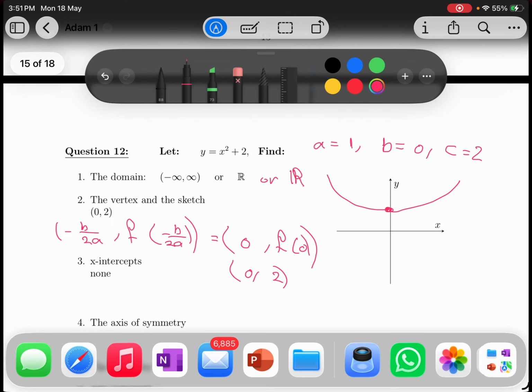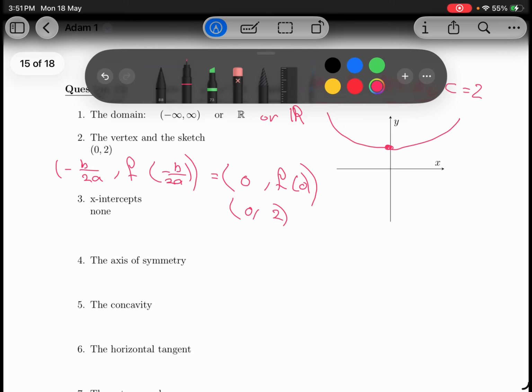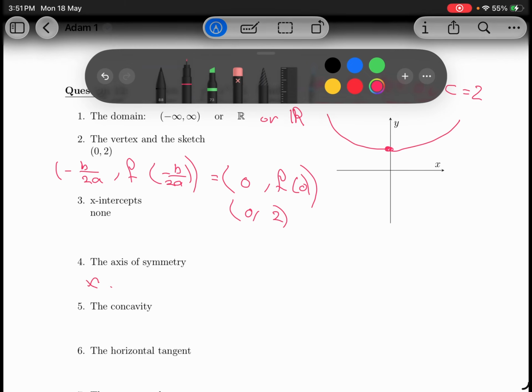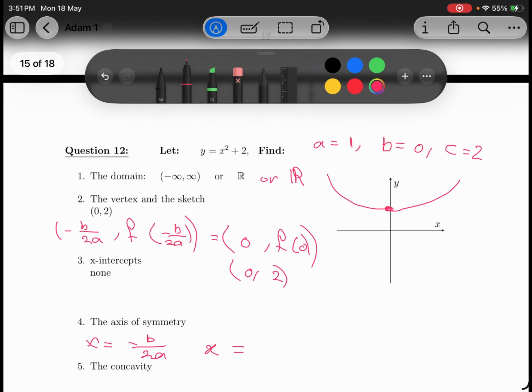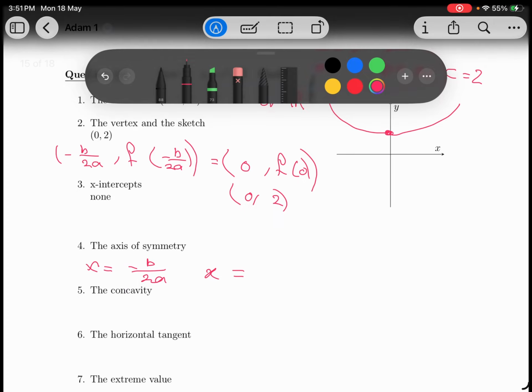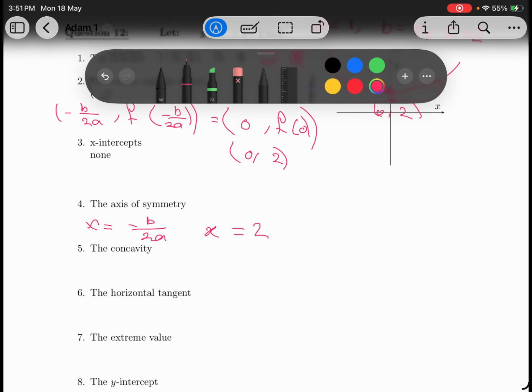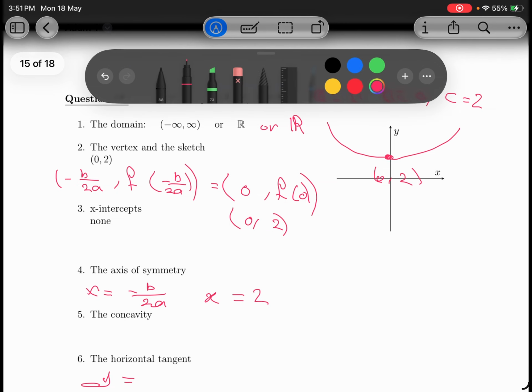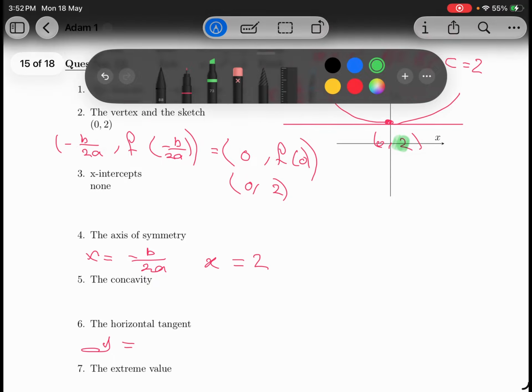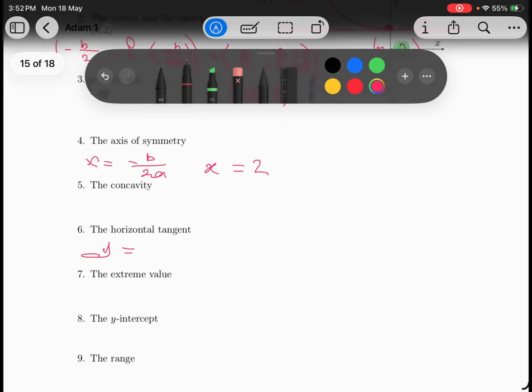What I have here is the axis of symmetry, which is given by the formula x equals minus b over 2a, the x coordinate of the vertex, and the vertex here, as you see guys, is 0 and 2, so the vertical axis of symmetry is x equals 0. And the horizontal tangent, the only horizontal tangent, passes through the vertex, so y equals the y coordinate of the vertex, which is here 2, so it will be y equals 2.